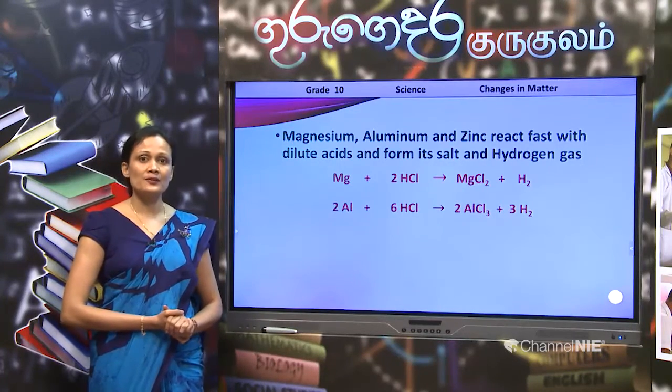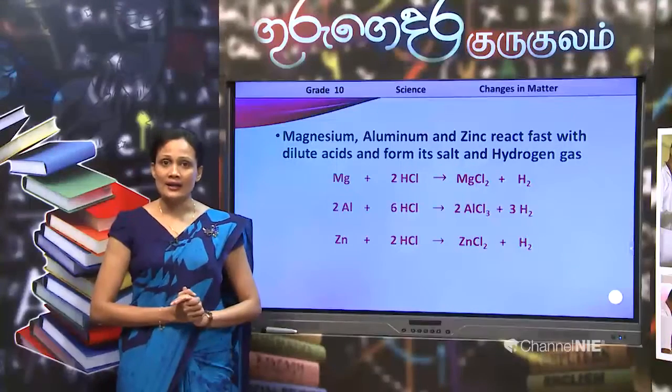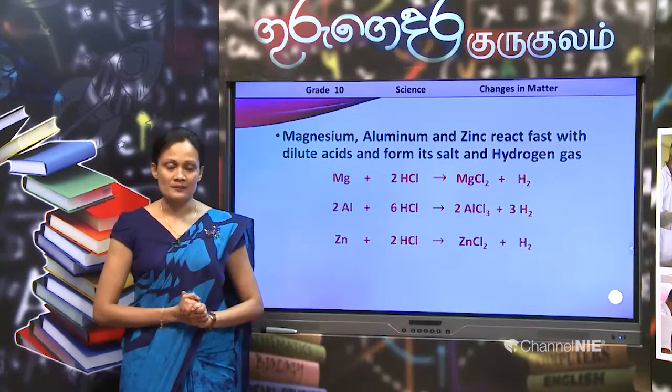Aluminium reacts with hydrochloric acid and forms aluminium chloride and hydrogen gas. Zinc reacts with hydrochloric acid and forms zinc chloride and hydrogen gas. But these metals do not react with the same speed.